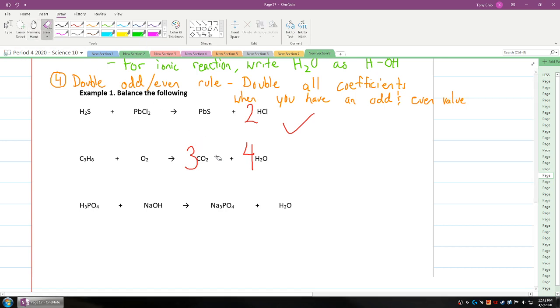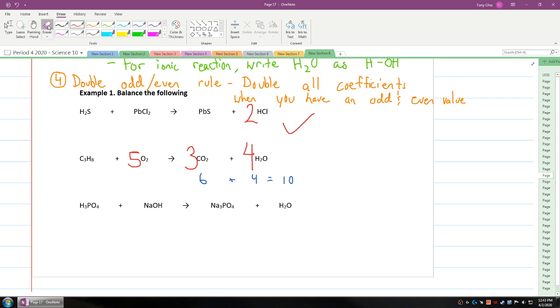So in this case, that means you have 6 oxygens here. On this side, you have 4 times 1 oxygen here, so you have 4 oxygens here. So in total, you have 10 oxygens. So that means you need 10 oxygens in the reactant side. What times 2 gives you 10? And that number is the number 5.